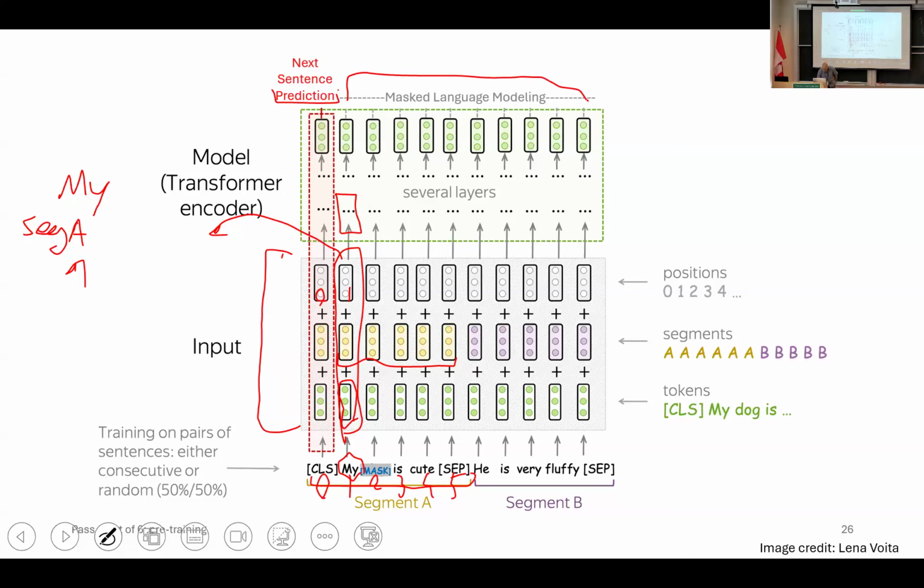But for the second objective, it is about what happens to this vector. This vector goes up and becomes this vector. So let's say that the original sentence was my cat is cute.